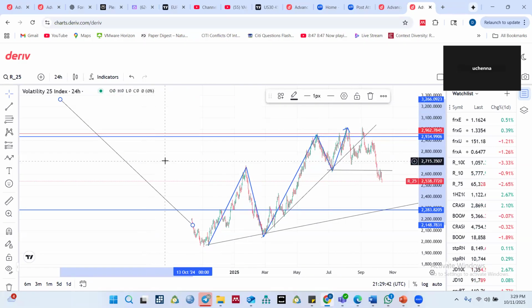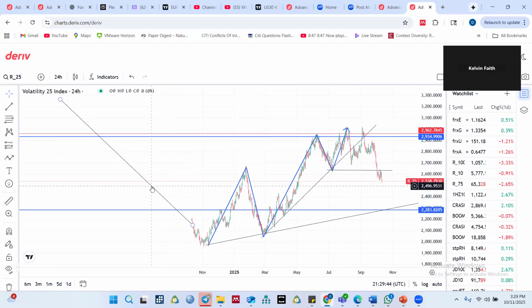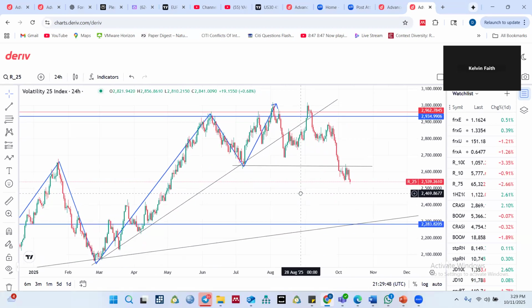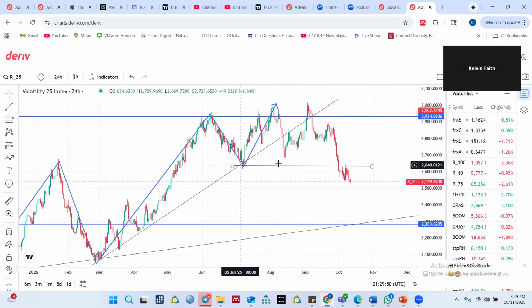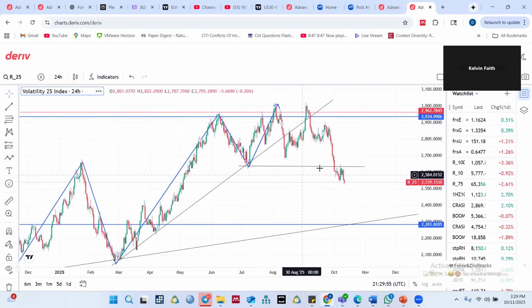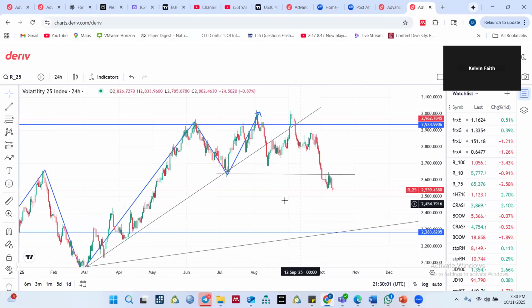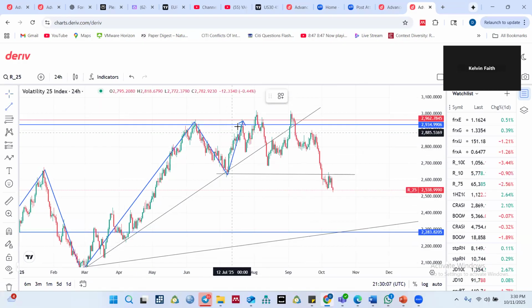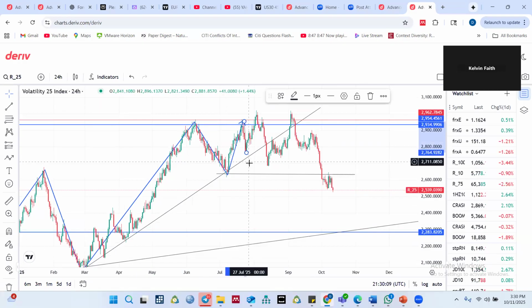Yes. But then after the pullback around here, what price action is telling us is we are now getting the signal that we want to go bearish. So all these things happening above here were not. Somebody can argue that price hit here and then it came down, so this is a valid low.